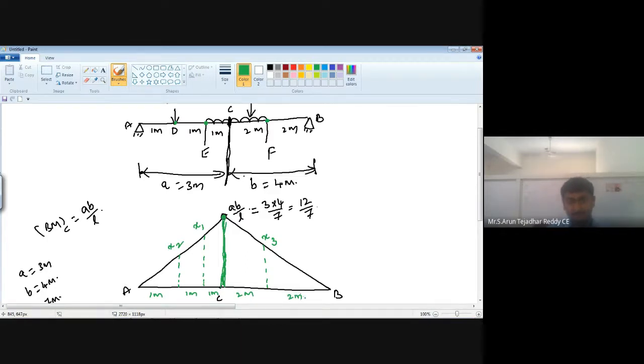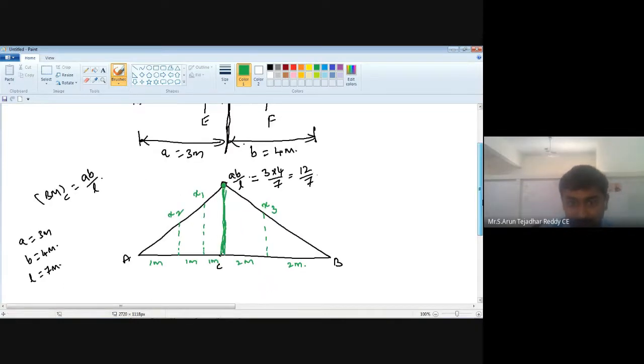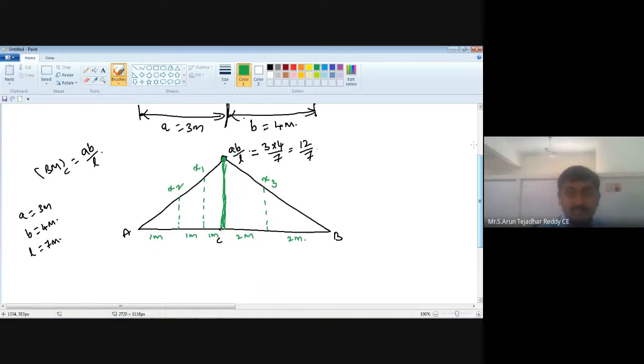Very easy. Same concept. Apply similar triangle concept. First of all, I will be considering red color. So left portion, A to C. In that we have two unknowns, x1 and x2. And first of all, find out the bigger triangle. Observe the red color.